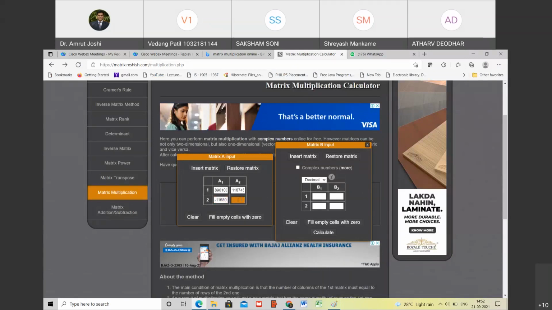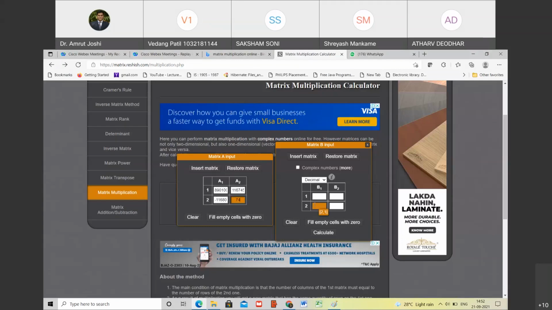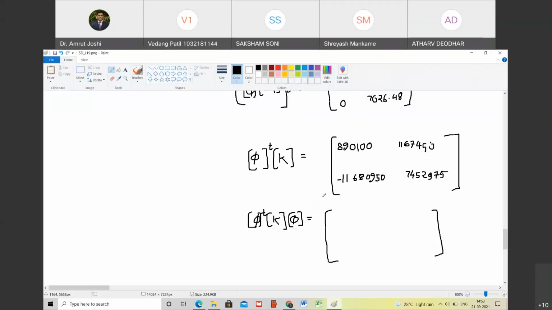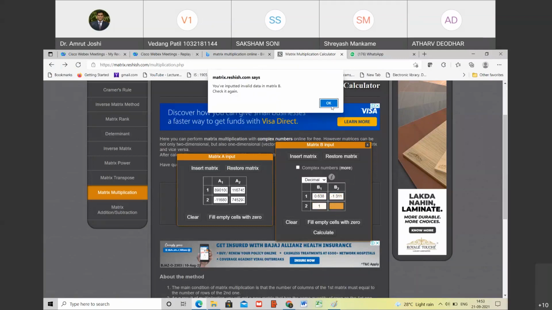I think we missed this 0. Let us check. 745. Then 2975. Right? Yes, sir. Okay. Now tell me these values. 0.638, minus 1.311, and 1 and 1 and 1.